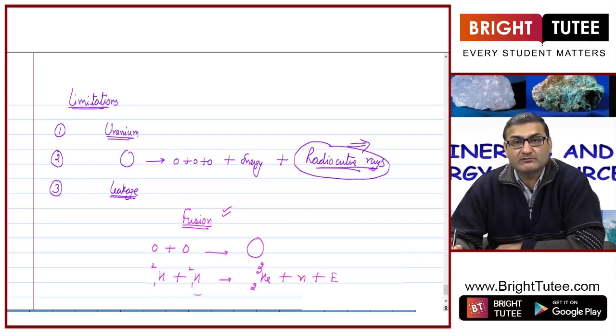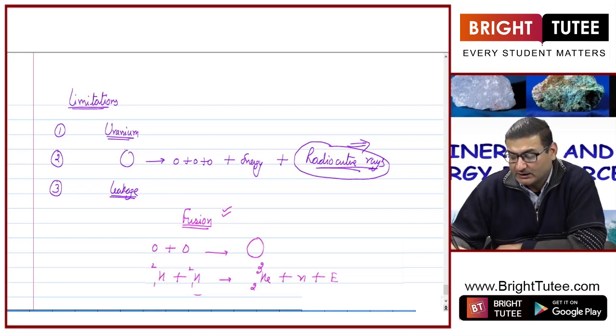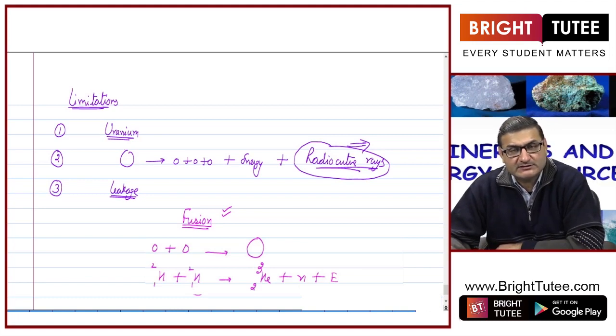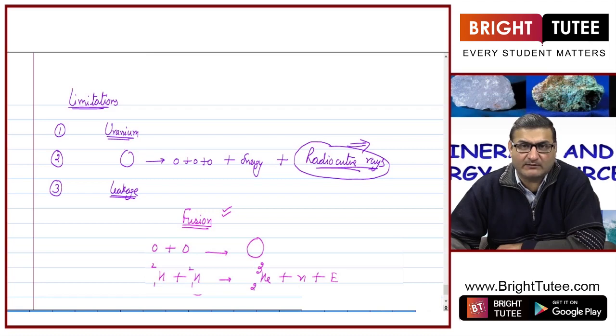And third and the most important thing is, there are no harmful extra products formed during this reaction. So if this fusion process is taken out, it is probably going to solve all the energy requirements and concerns going on.